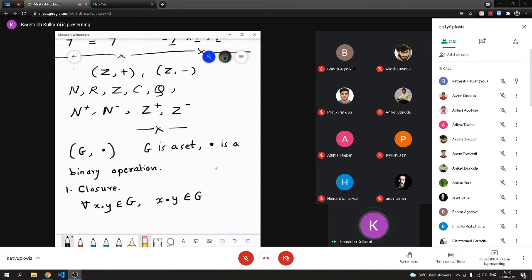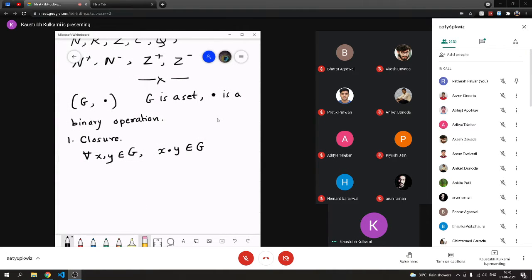That is called closure. Second is associativity.